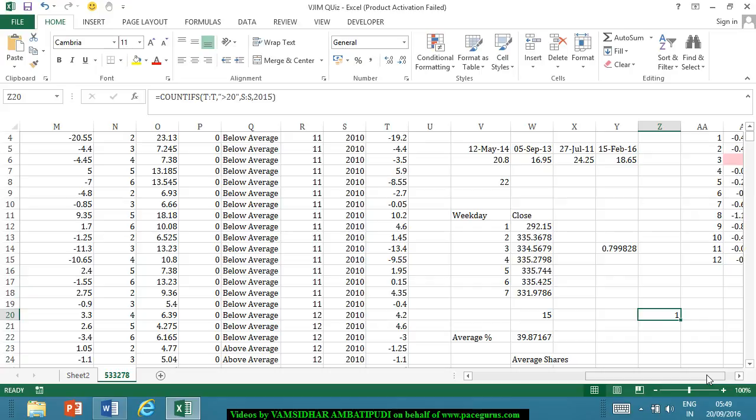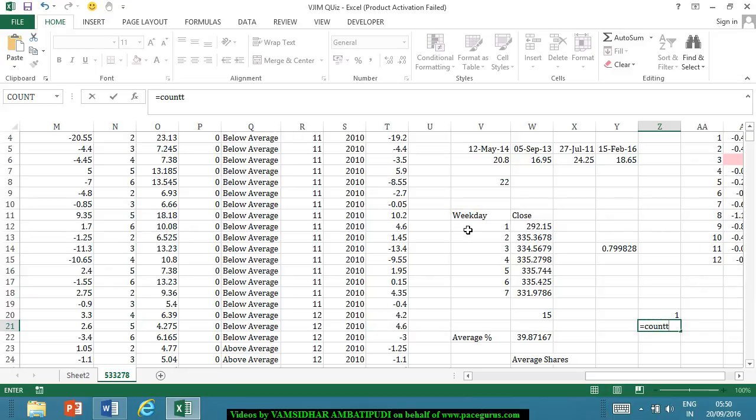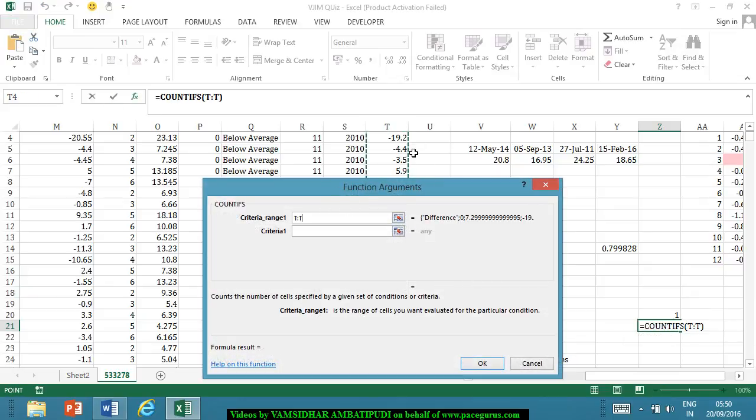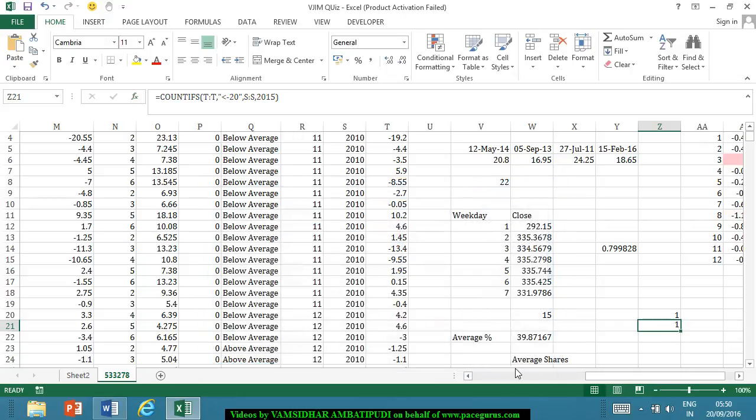Similarly, I can put on the lower side as well, right? When I say difference cross 20, it could be on the downside as well as on the upside. So I'll use my COUNTIFS, wherein I'm saying this difference less than minus 20 and the year being 2015. So the difference has crossed 20 again on one more occasion here.